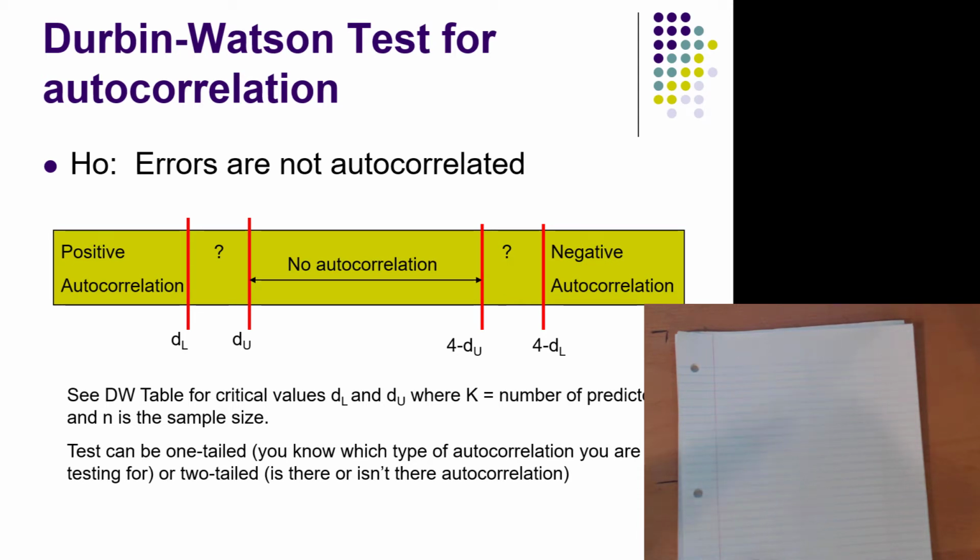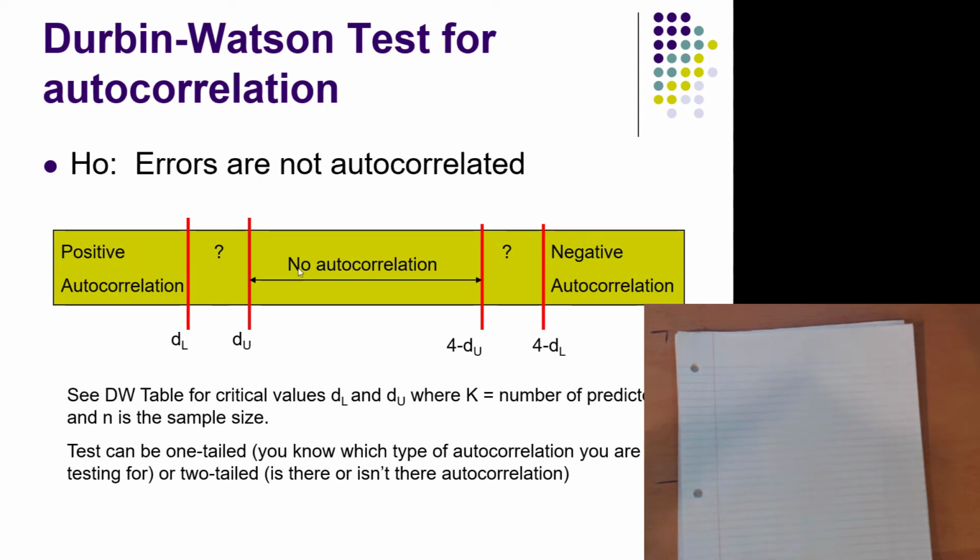Same kind of symmetry for negative autocorrelation. If you get a Durbin-Watson test statistic bigger than 4 minus DL, that indicates negative autocorrelation.